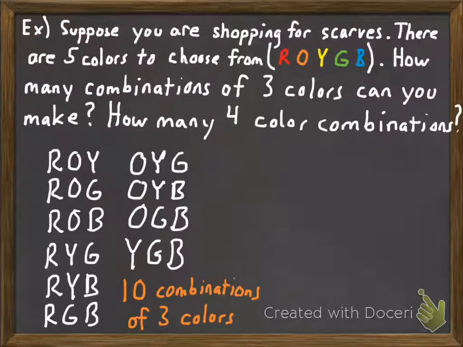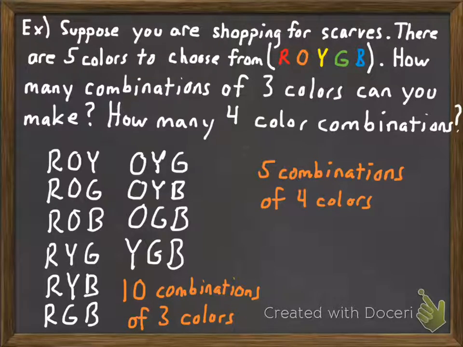So how many different groups can you make where you leave 1 item out? I can leave red out once, orange out once, and yellow, green, and blue out once each. So there are 5 different groups of 4, because there are 5 different ways I can leave 1 of these 5 items out. And if that didn't make sense, you can list out all the 4-color combinations, and you'll find that there are 5 of those as well.